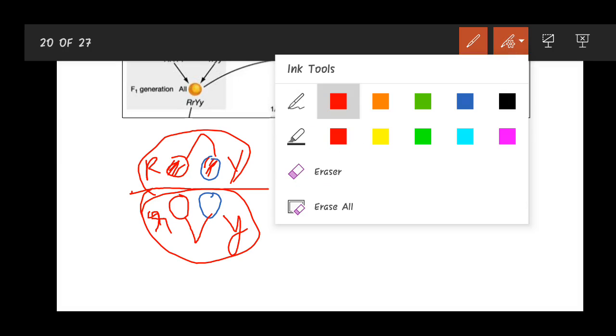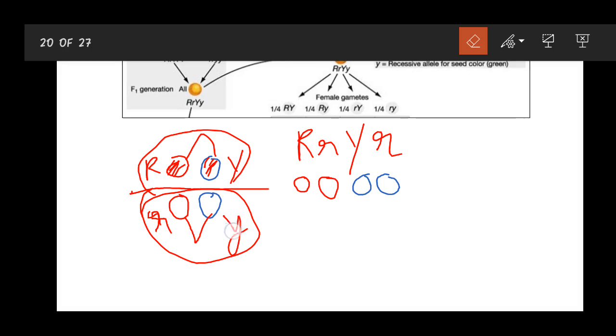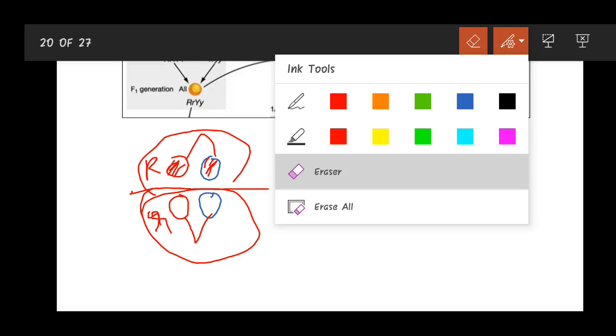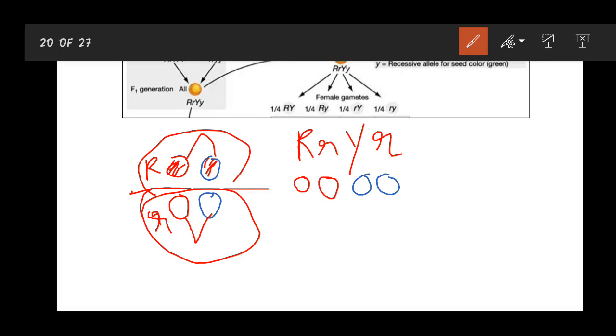Mendel also considered that they can align in a different manner, in the sense this can be small y and this can be capital Y. That means capital R has the independency to assort with either capital Y or small y.